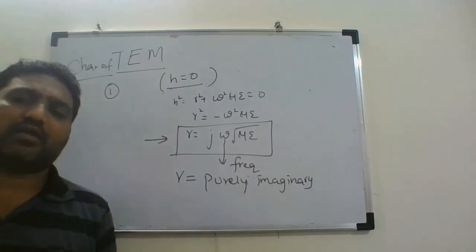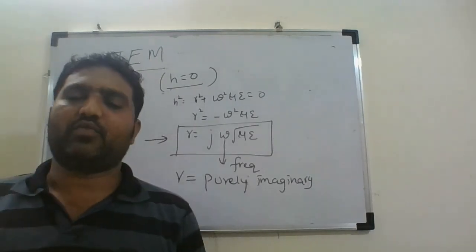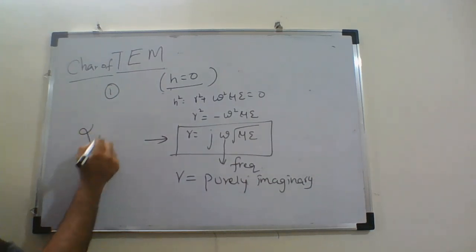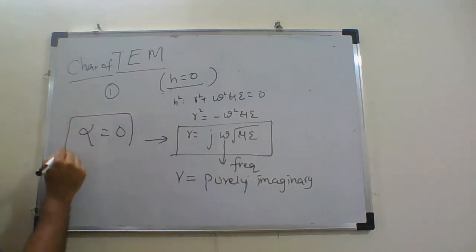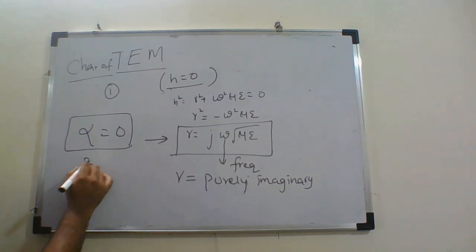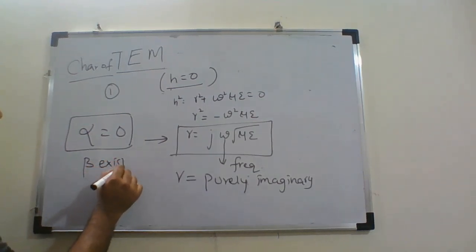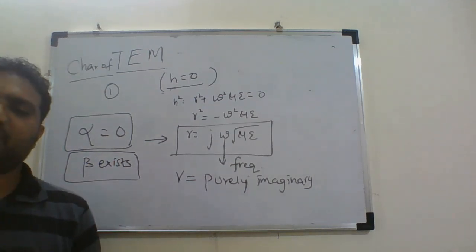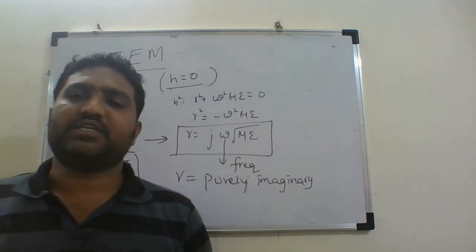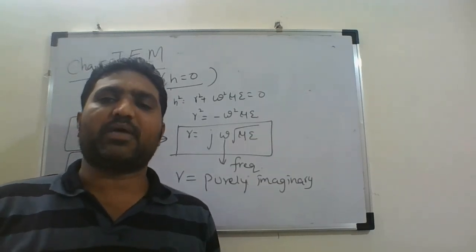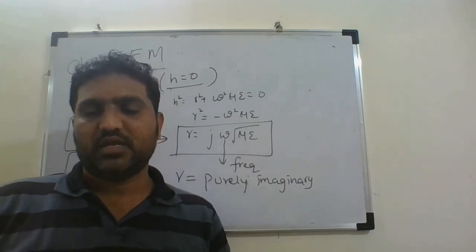That means the attenuation constant alpha will always be equal to 0 for this case. Only beta exists. So there will be no attenuation offered by the waveguide for any frequency.